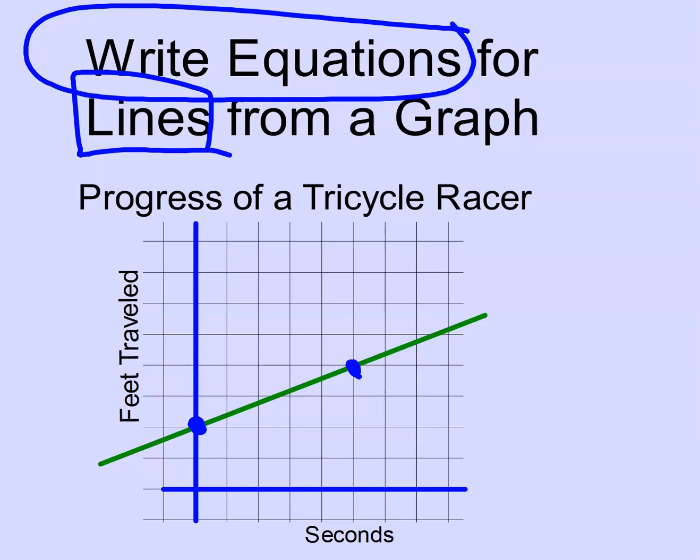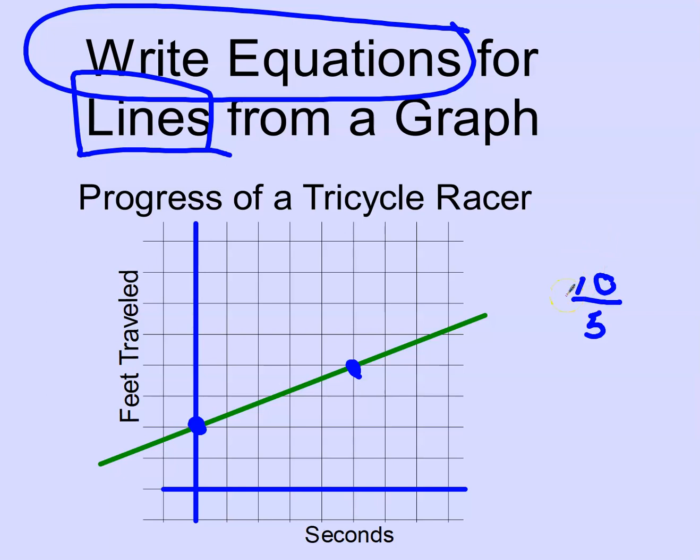So I could do this. I could say, at 10 seconds, let me write this, how far would they have gone? Well, let me figure this out. We said every 5 seconds they went 2 more feet. So if I take that 10 seconds and divide it by 5, that's how many times we've gone 5 seconds.